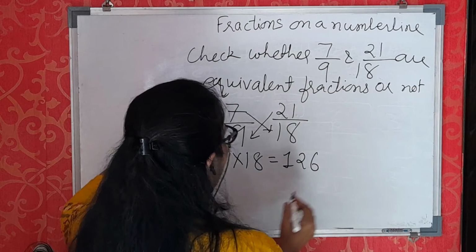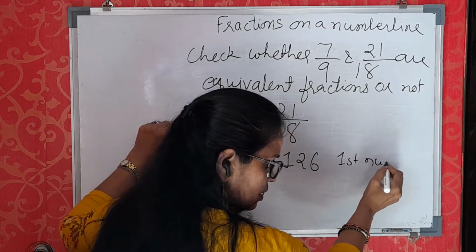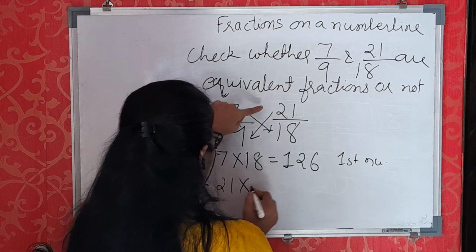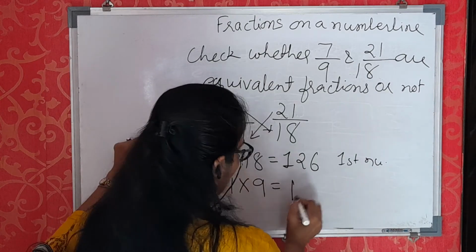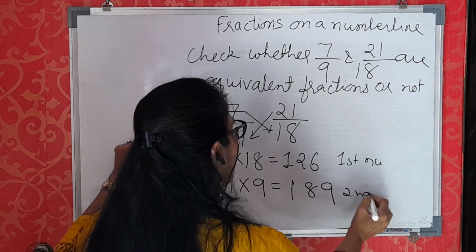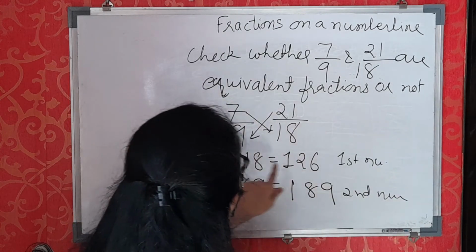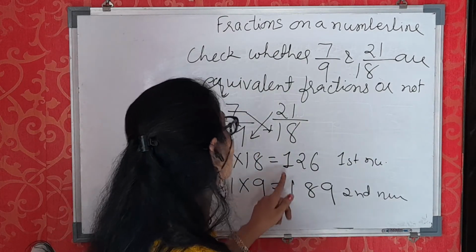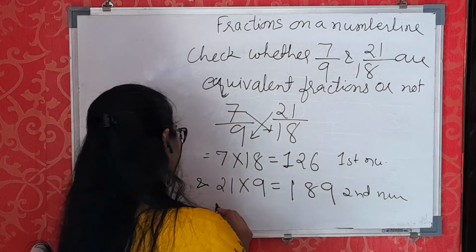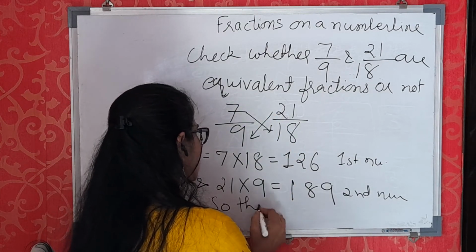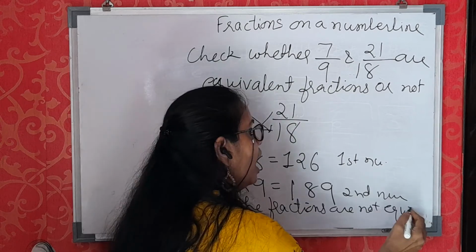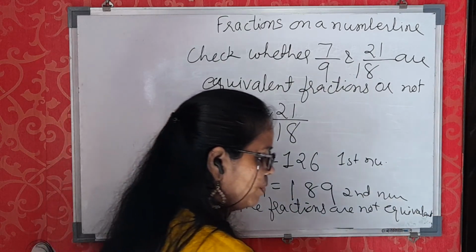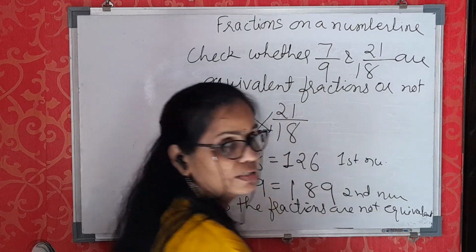And your second number is 21 into 9, which is equal to 189. Now you check, this 126 is not equal to 189. They are different, so the fractions are not equivalent. If on both sides your answer is the same, then they are said to be equivalent fractions.